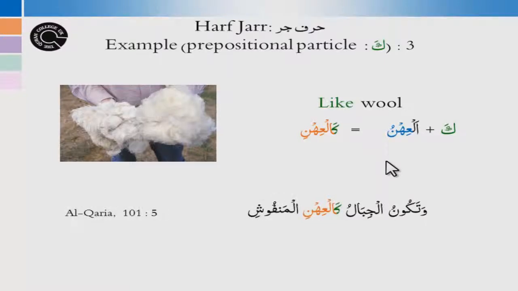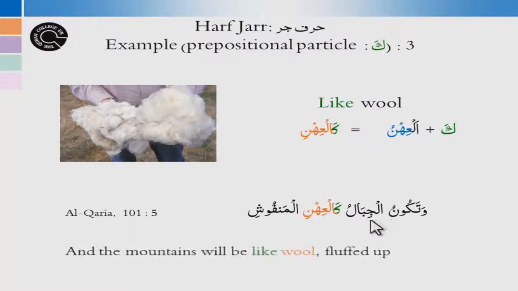You see this in Surah Al-Qari'ah, chapter number 101, verse number 5, where it says: wa takunul jibalu kal ahnil manfush. Jibal is the plural of jabalun, which is the mountain. So the mountains will become like wool. Manfush means fluffed away.